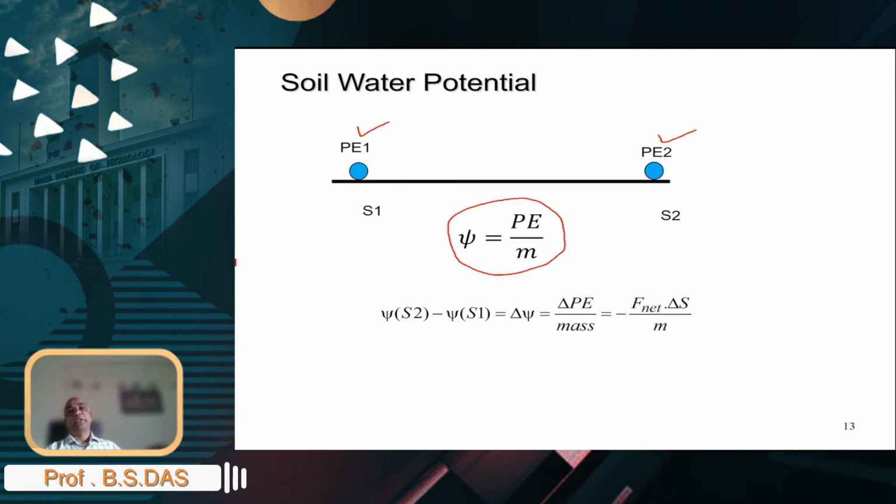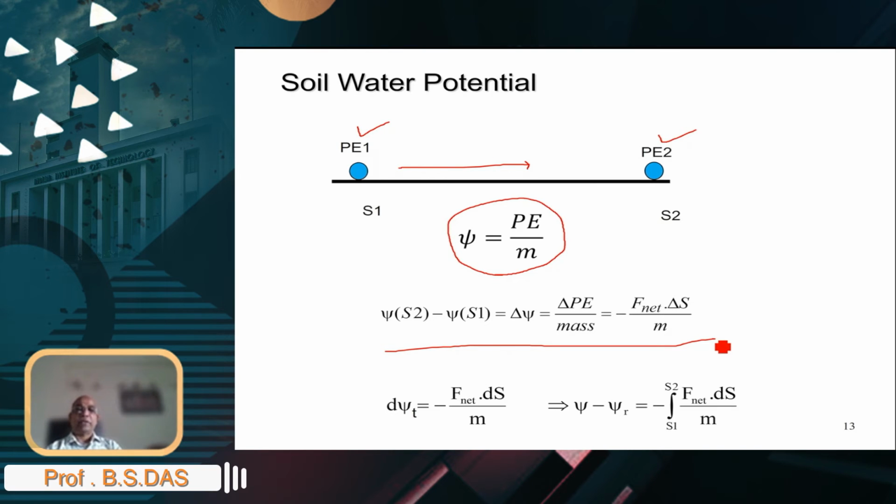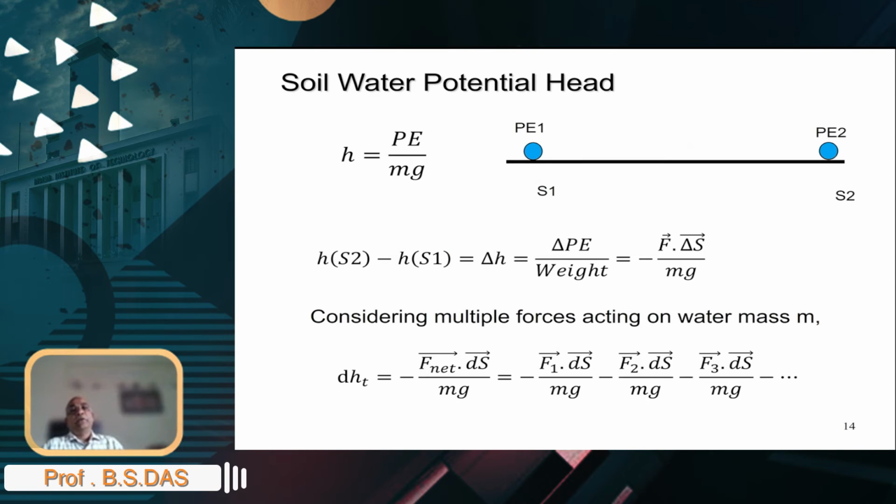So you could say that psi2 is less than psi1, because part of this energy is spent in moving from S1 to S2, and so you are in a position to write these expressions. What I discussed in the previous slide is schematically shown here on a cleaner board. You could, of course, define this potential in different ways.